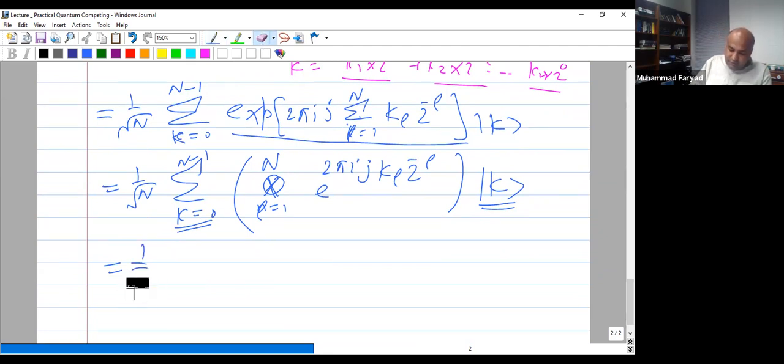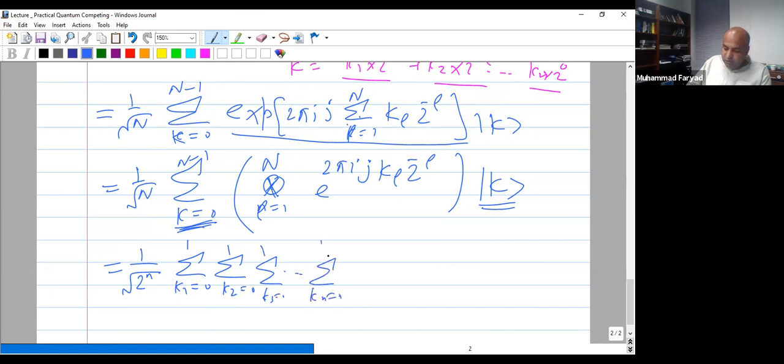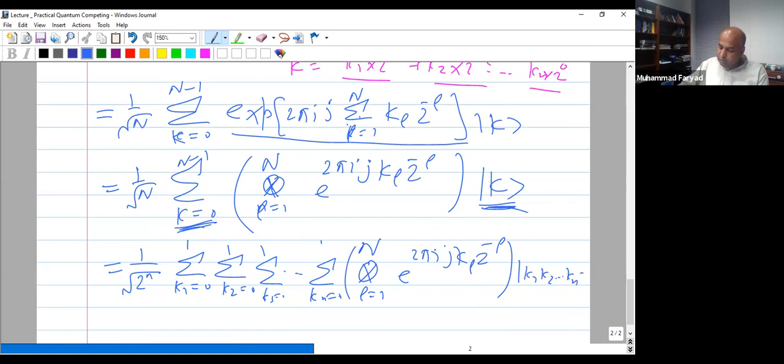And actually, let me just write this 1 over square root of 2 to the power n, and this sum over k is basically the sum over k1 from 0 to 1, sum over k2 from 0 to 1, sum over k3 from 0 to 1, all the way to the sum over kn from 0 to 1, product over l from 1 to n of exponential 2 pi i j k_l 2^(-l), where this k is now going to be written k1, k2, all the way to kn.